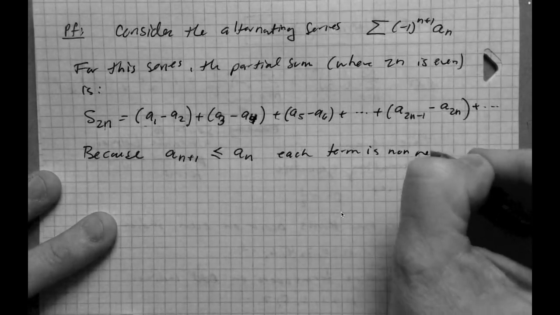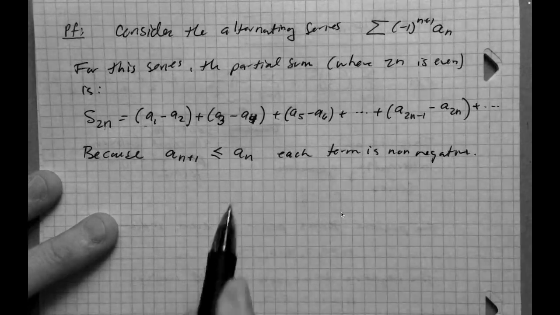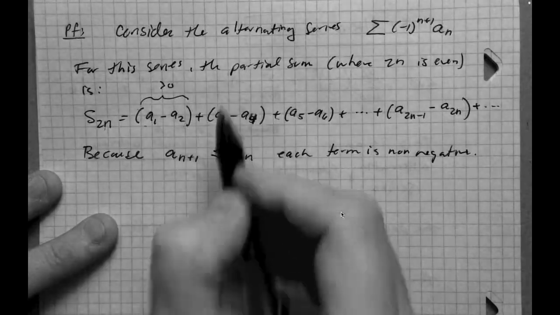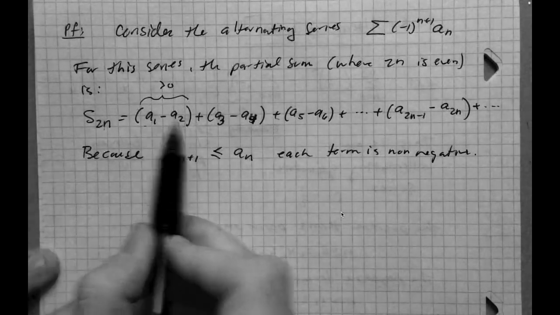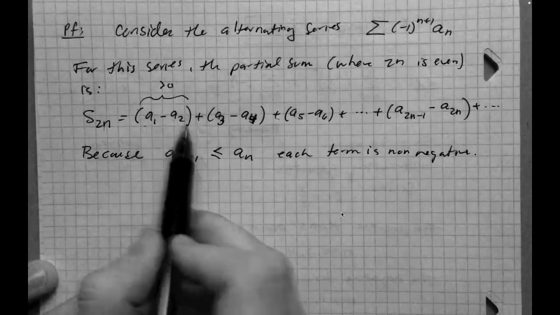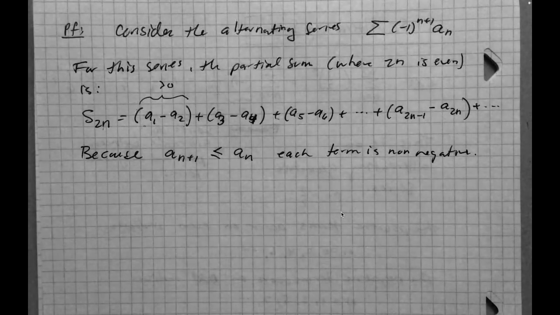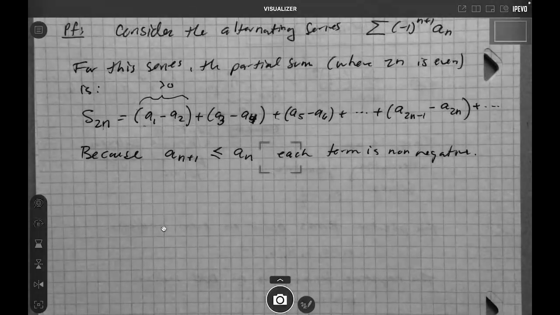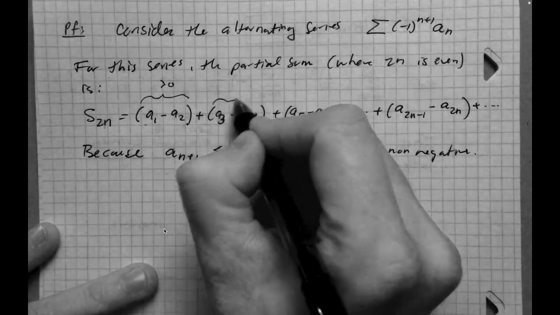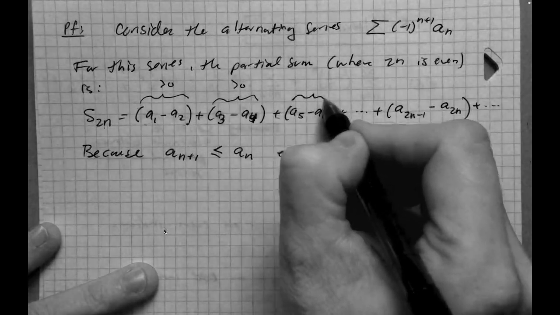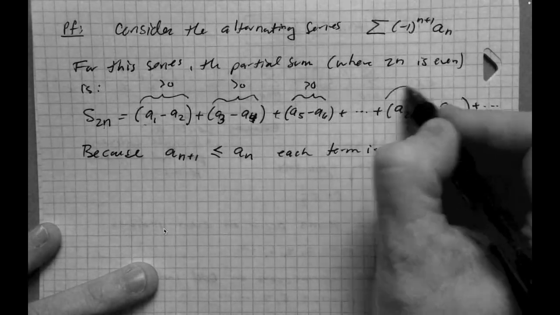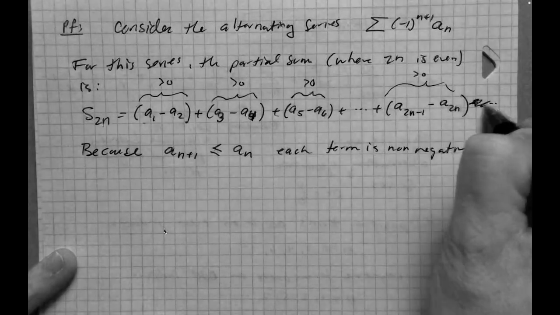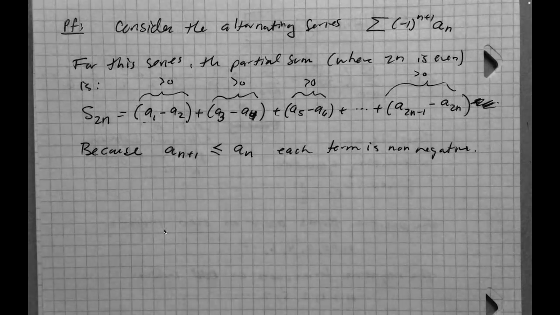Okay, now what do we mean by that? If it isn't clear, this is a positive value, because a2 is smaller than a1, so when you subtract the two, you get a positive value. The same thing holds for all of the remaining terms. So this is greater than 0, this is greater than 0, and so on. Oh, sorry, this is not an infinite sum. This is a partial sum, so stop there.